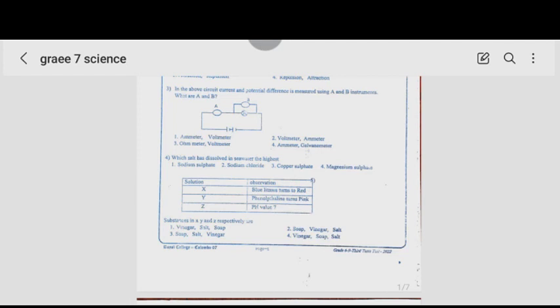So a voltmeter should be connected parallelly, an ammeter should be connected serially. So A should be the ammeter, B should be the voltmeter. For number 3, the answer is number 1.